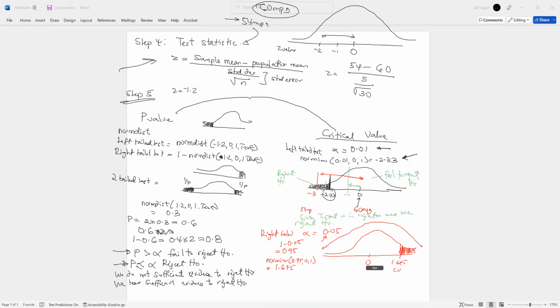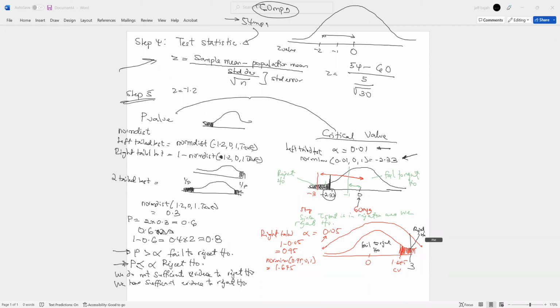So what it means now is that I need to take my test stat and now compare that. Now, if my test stat gave me a Z value of 3, you see, this area here is the fail to reject H sub 0, but this shaded red area is the reject H sub 0.